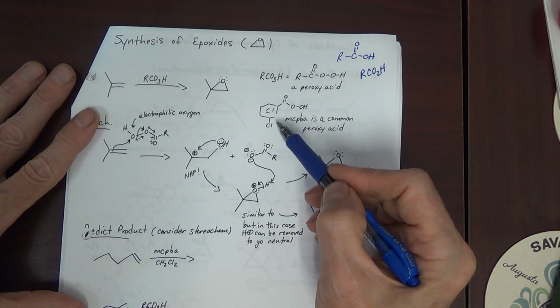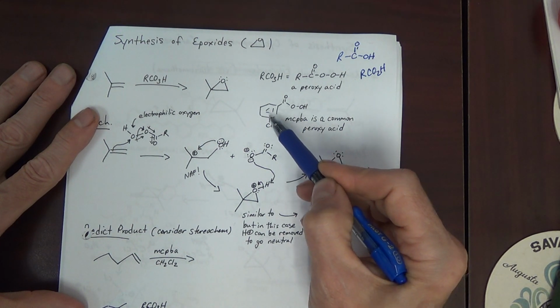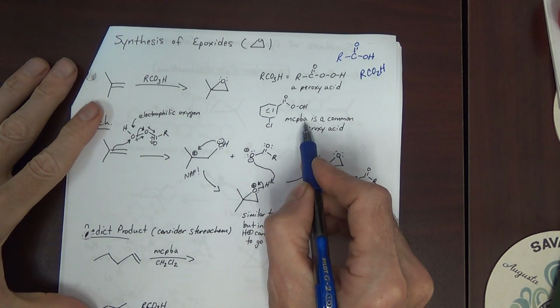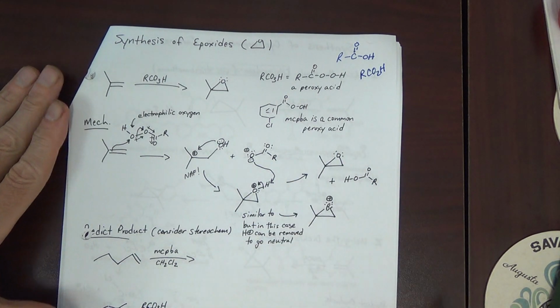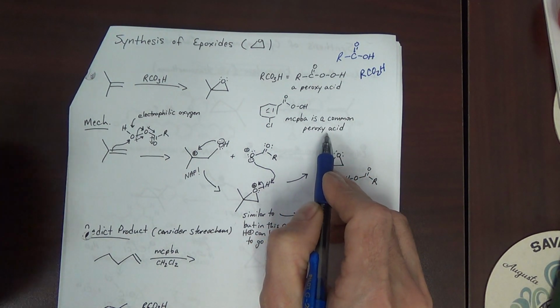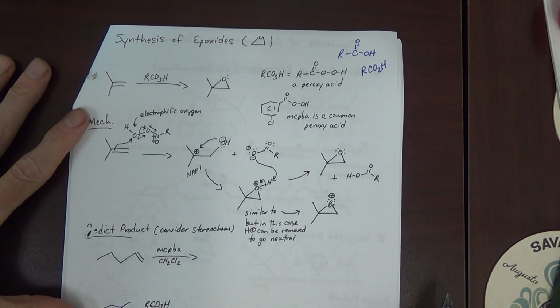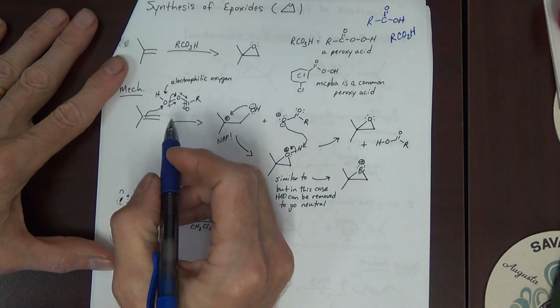And so we can use the terminology metachloroperoxybenzoic acid. And MCPBA should be in just about any organic textbook as one of the most common peroxy acids.